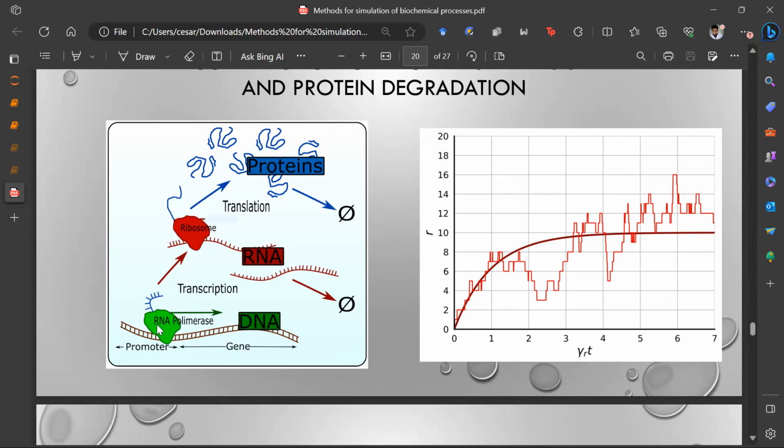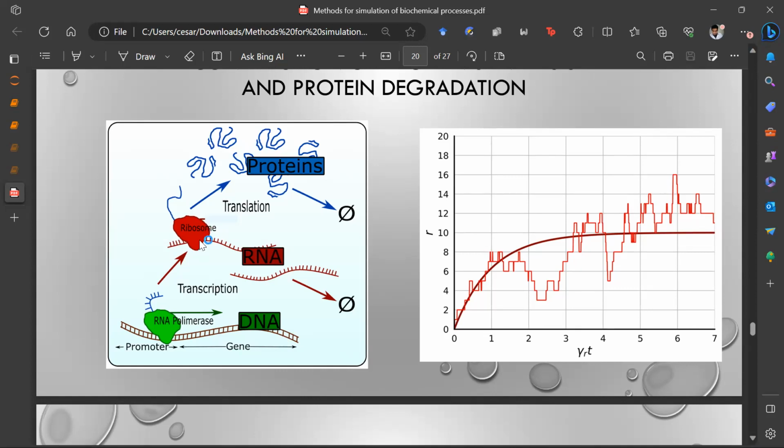Using enzymes like the RNA polymerase, the cell produces molecules called RNA that have only a single strand, while the DNA has a double strand. The number of RNAs fluctuates and is around 10 or 20. Given this low number of molecules inside the cell, the random fluctuations of the RNA are relatively high.